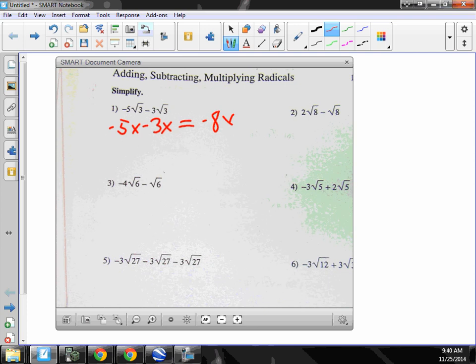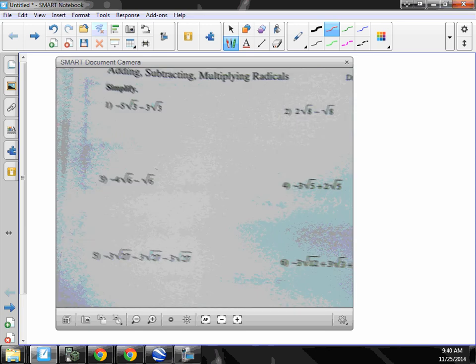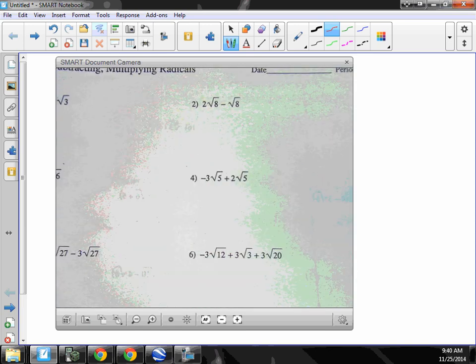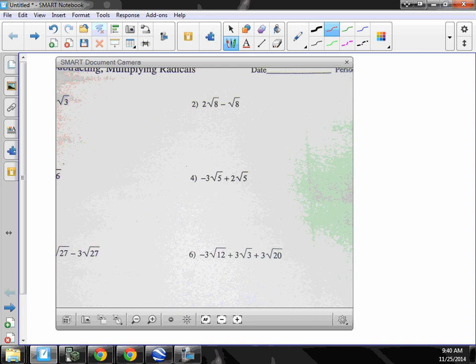Okay, so if I switch the x's with root 3, it's just negative 8 root 3. That makes sense? Okay. If we look at number 2, I need to simplify the square root of 8.